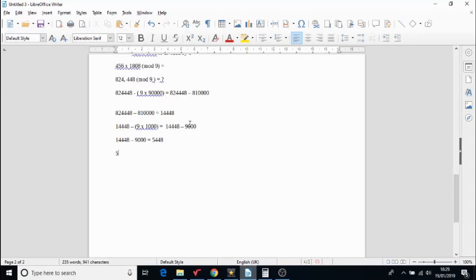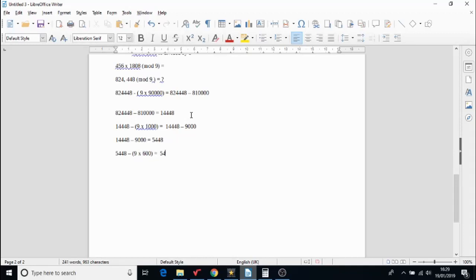We can subtract 5,400 from that, because 54 is a multiple of 9, and we just multiply by an extra 100. 9 times 6 is 54, so to get 5,400 we add two extra zeros: 9 multiplied by 600.